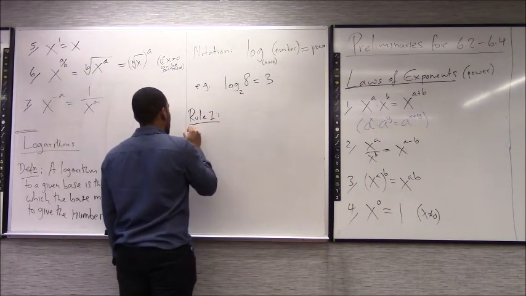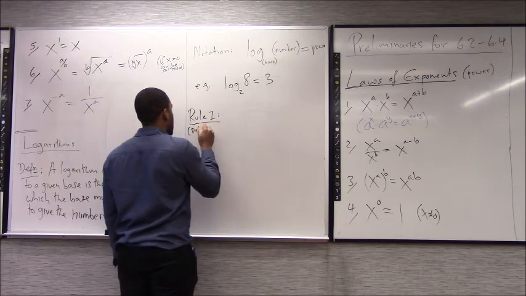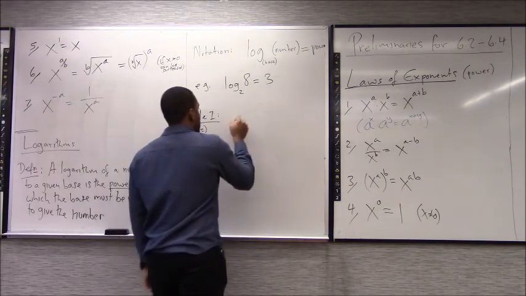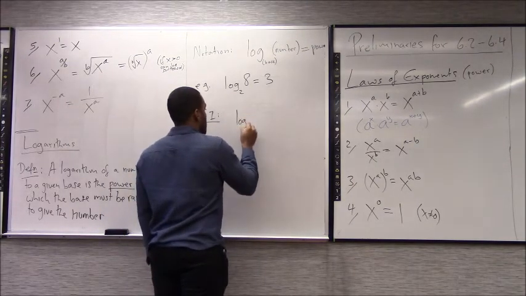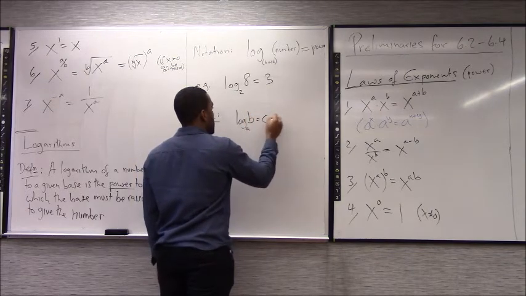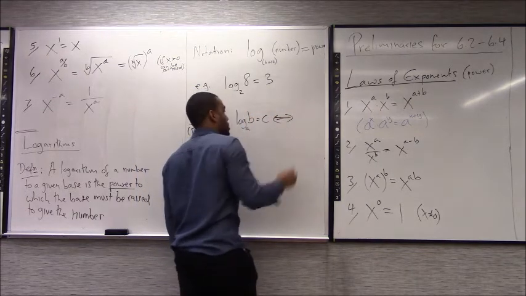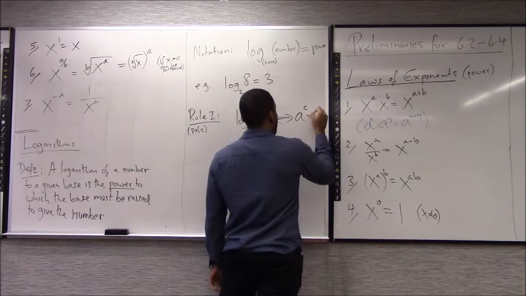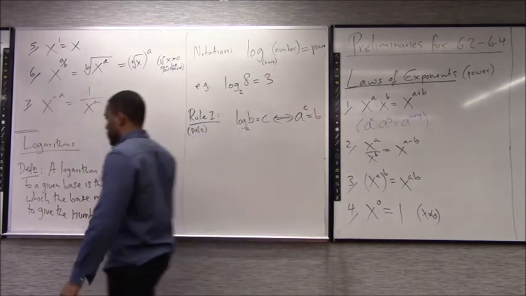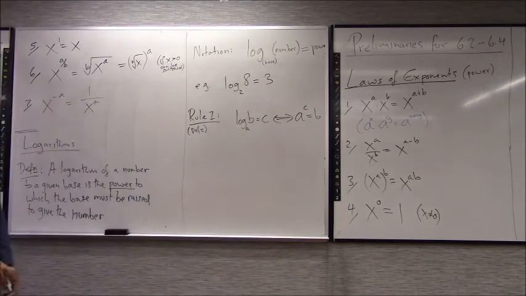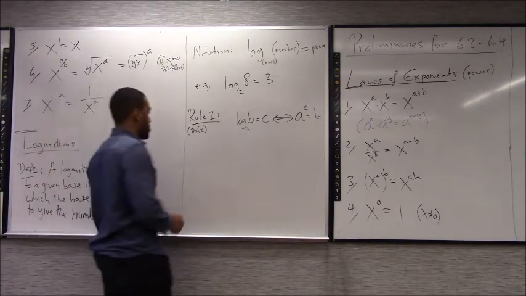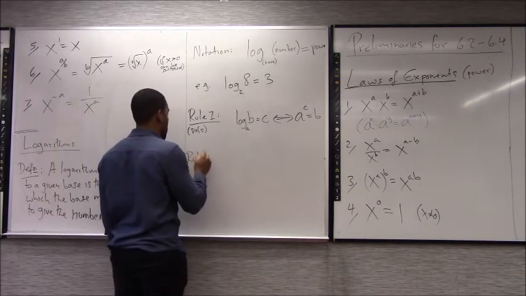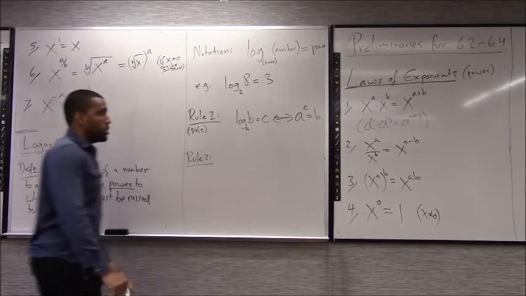That brings us to the first rule, which can be taken as a definition of a logarithm. It says that log to the base a of b equals c if and only if a raised to the c equals b. So that's the first rule of a logarithm. Rule 2.